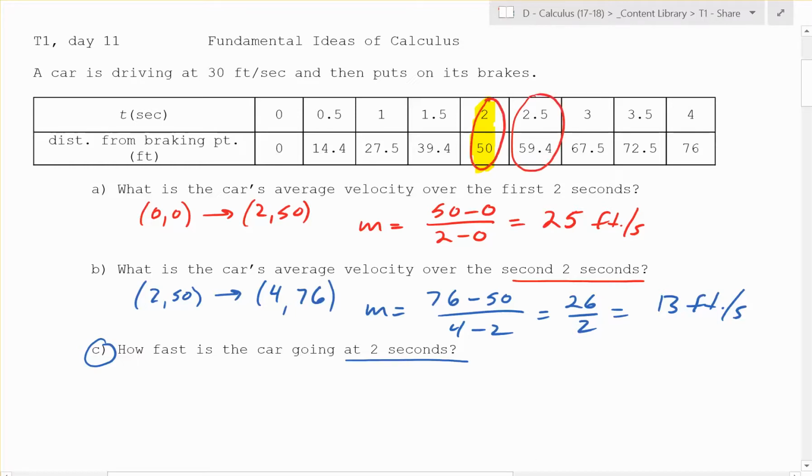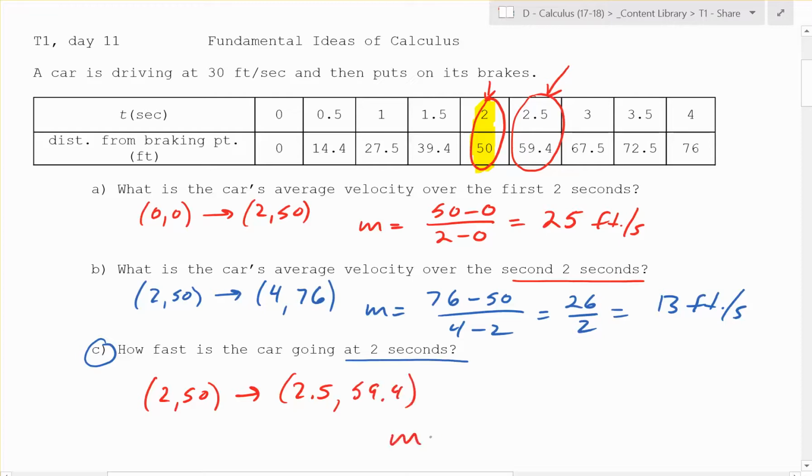So what you do to find the instantaneous rate of change, or as close to the instantaneous rate of change as you can, if we want it at time equals 2, you take the next point. So we're going from 2, 50 to 2.5, 59.4.